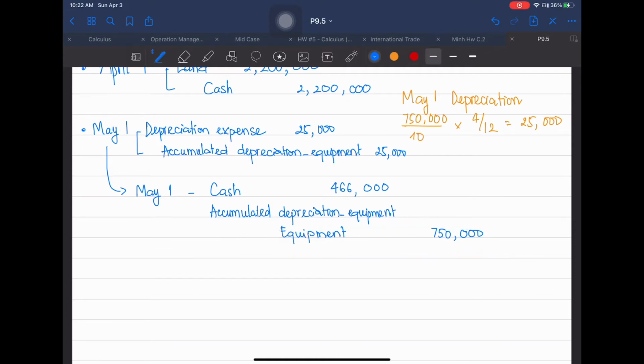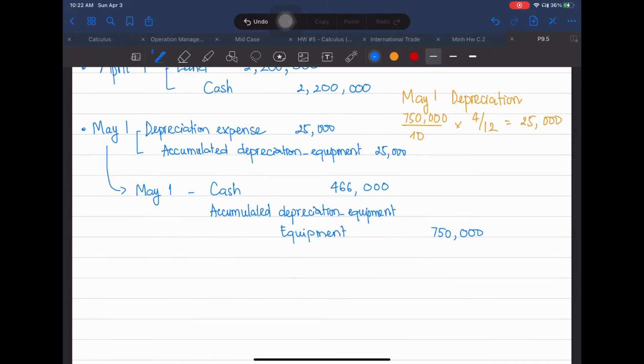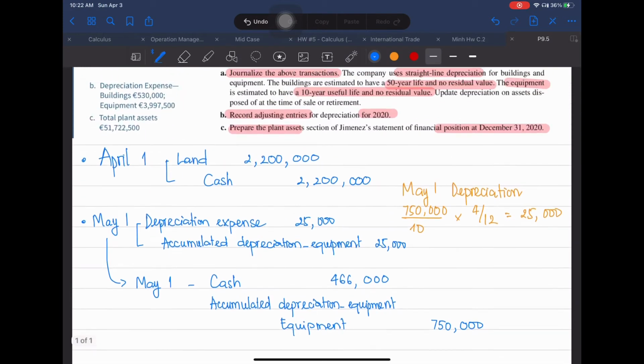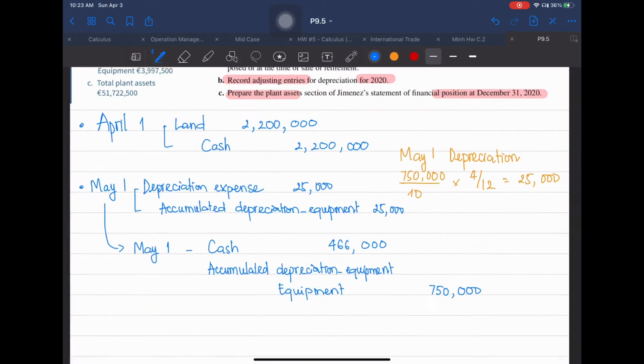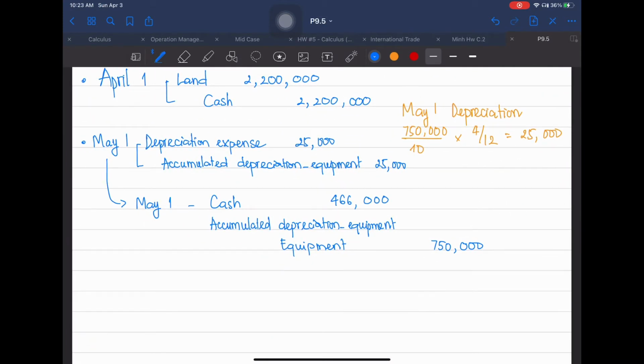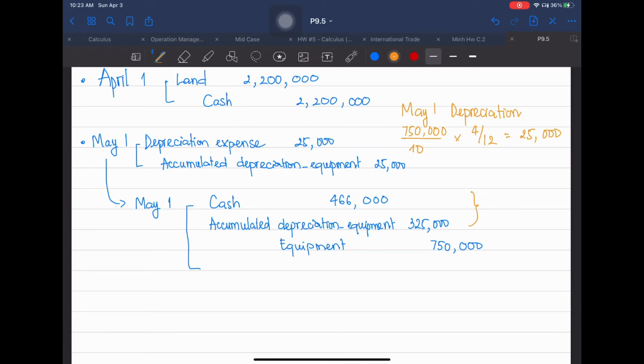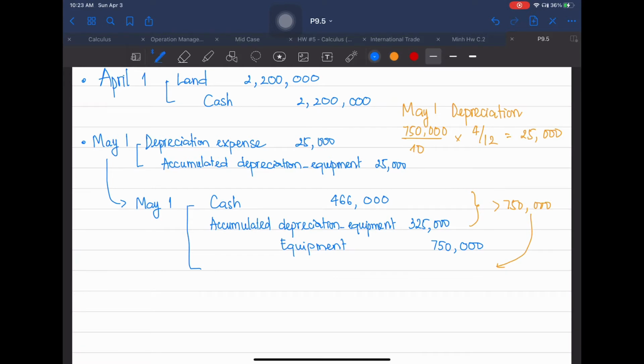Okay, so accumulated depreciation, we need to calculate it to see how much that is. That will be equal to 325,000. And the sum of it will be bigger than 750, which means that we gain on the disposal.